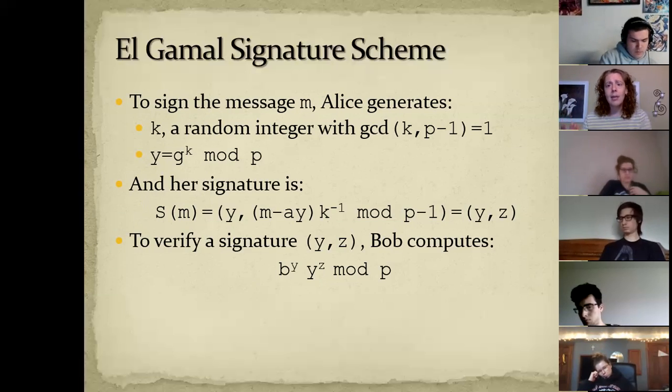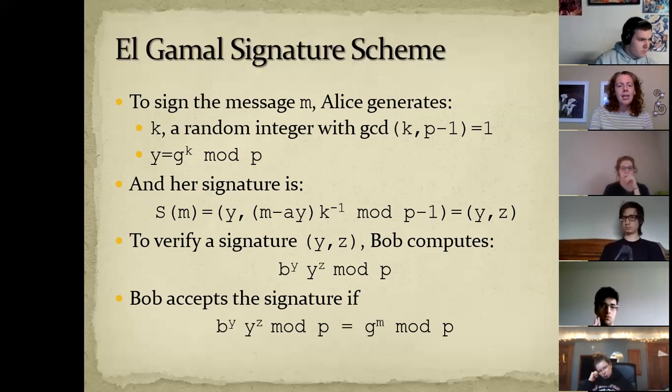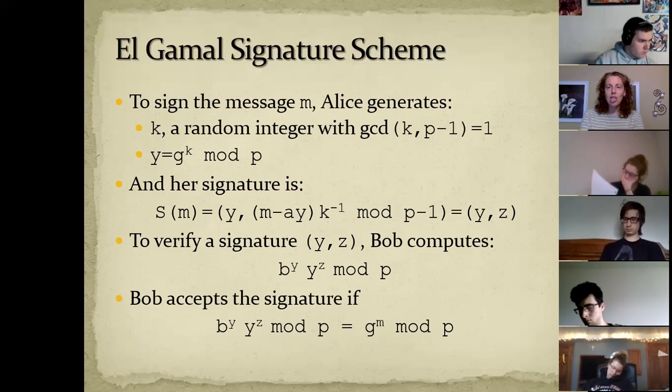Y came along in the signature, so that's fine. Z came along in the signature, so that's fine. And P is public information in the system. So Bob has all the information he needs there. And then he's going to compare, and he wants that to be equal to G to the M mod P. So he's going to accept the signature if those two match.